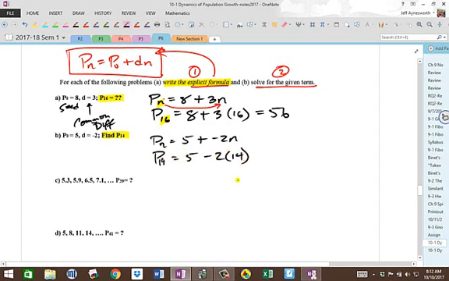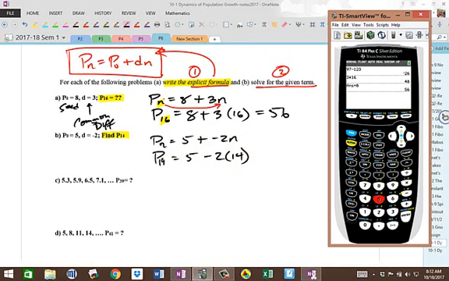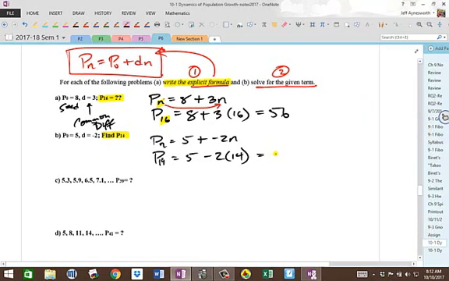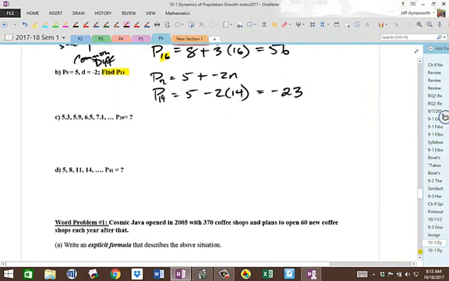Notice I switched right there: plus a negative 2n is the same thing as minus 2n. So you enter that in, 5 minus 2 times 14, and that's 5 minus 28, or negative 23. You do a little practice here, and you get really good at it.